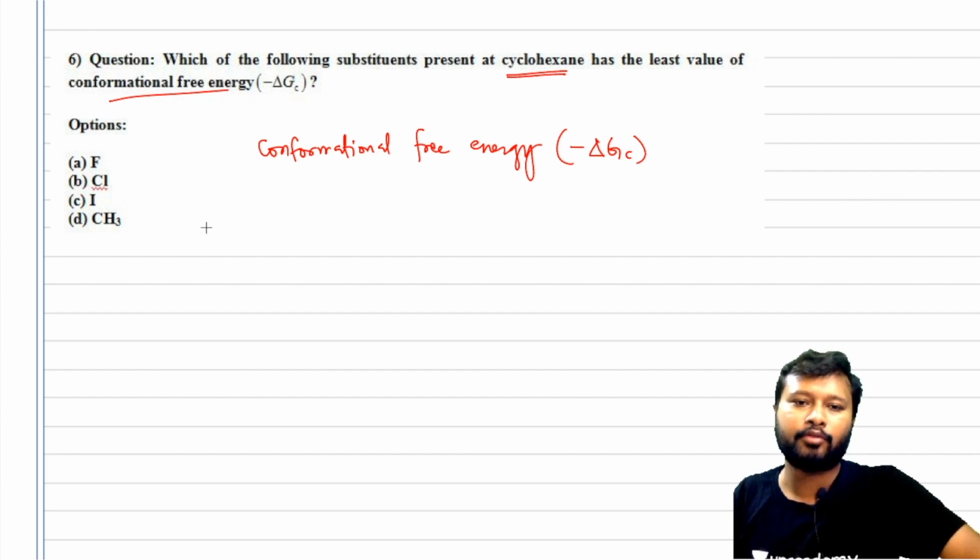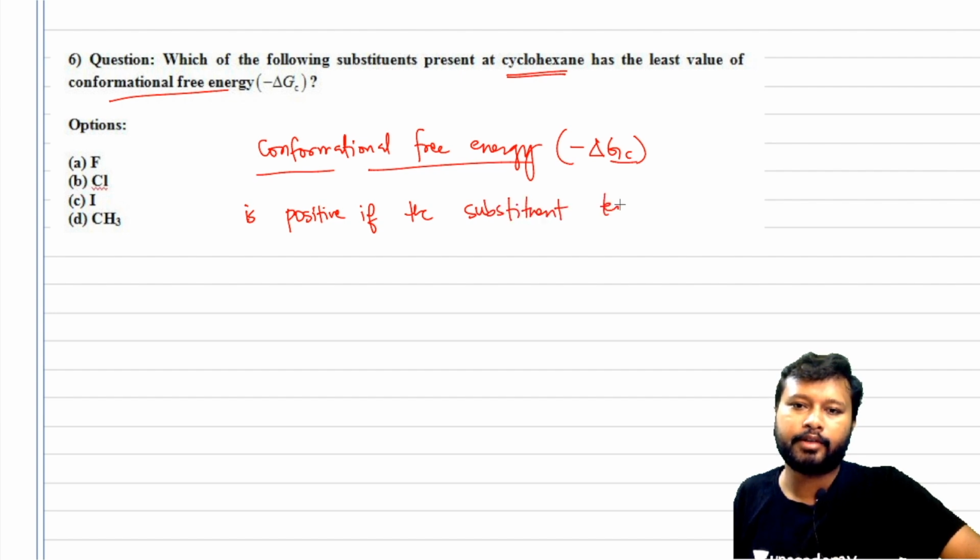So you have a substituent over here. Remember that this conformational free energy is positive if the substituent tends to stay in the equatorial position rather than the axial position.